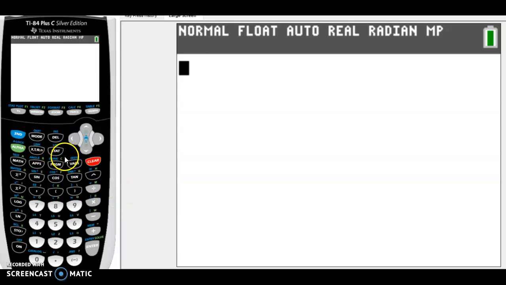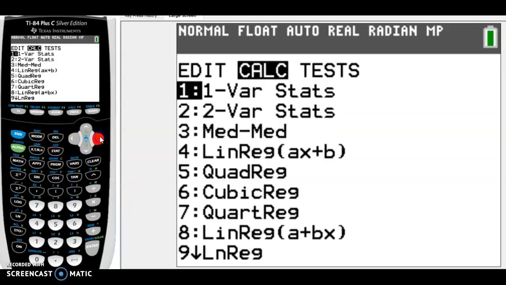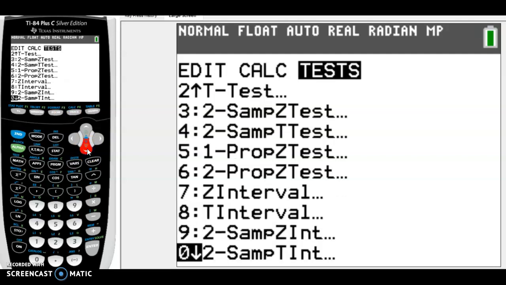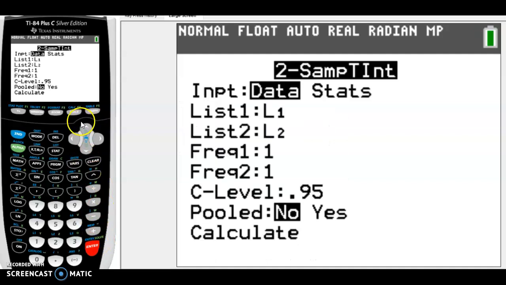Okay, and so again, seeing it by hand versus the calculator, if we go to a test, it should be the 0. Always a little slow. Okay, 2-samp T interval is what we're looking for. We have the data. If we wanted to enter the stats, that would just be like I gave you the summary table at the beginning with mean, standard deviation, and sample size for each one.